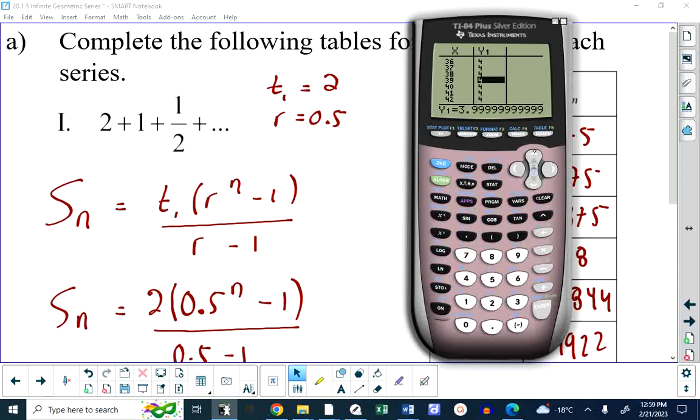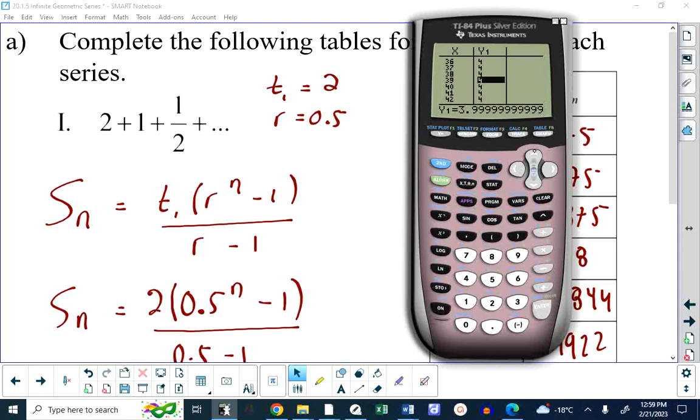But the reason it went to 4 is there's so many 9s following the 3 that my calculator just kind of shrugs and gives up and says, I'm going to tell the user that it's 4. And I can prove to you with a thought experiment that this can never reach 4. This sum will never reach 4.